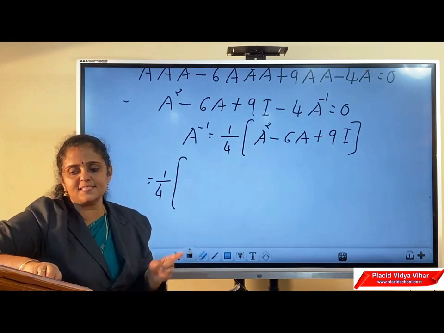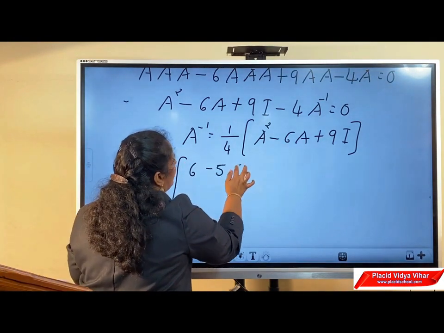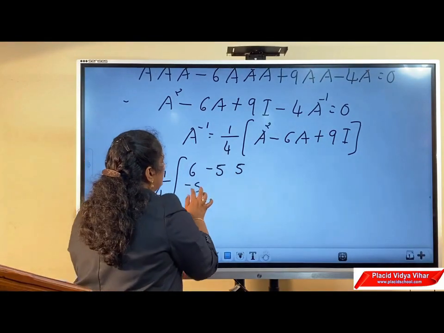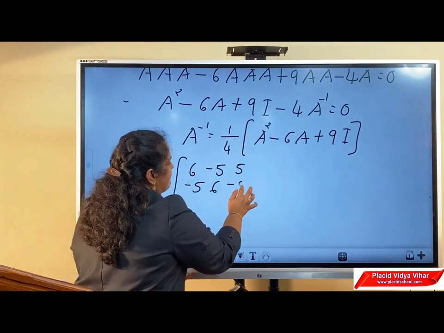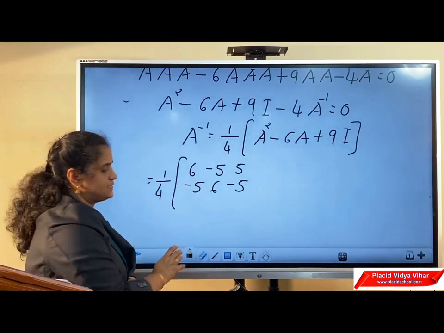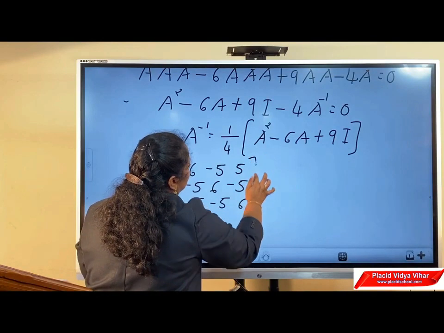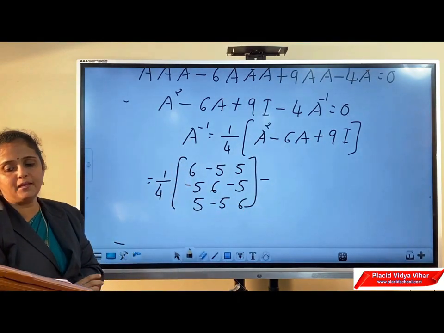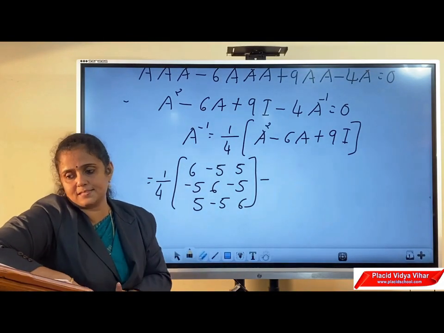The answer is the first row 6, minus 5, 5; the second row minus 5, 6, minus 5; the last row 5, minus 5, 6. Minus 6 into A. We can multiply each element of A by 6.